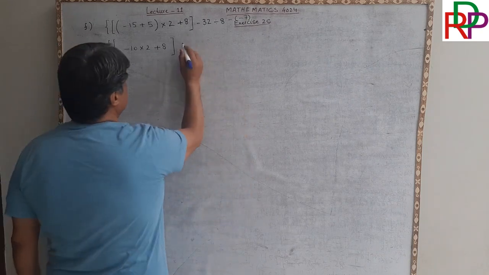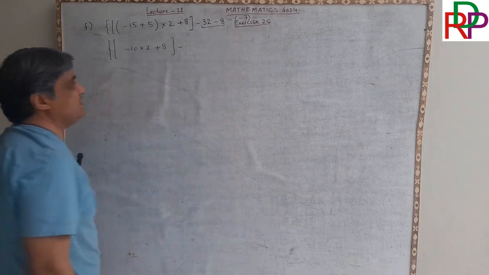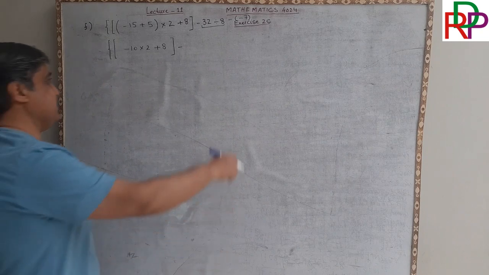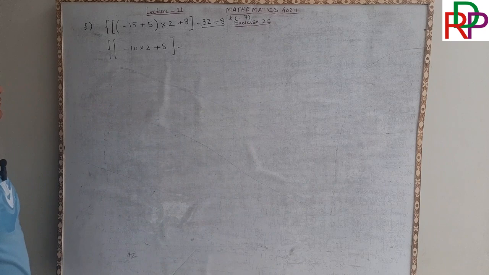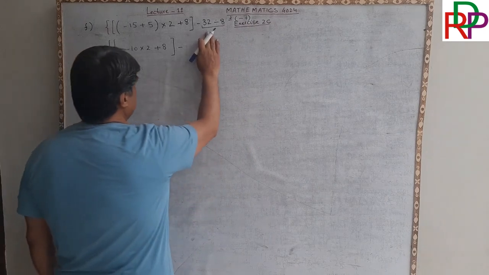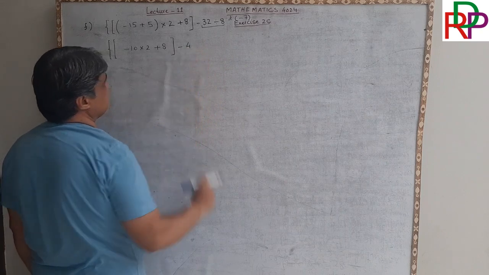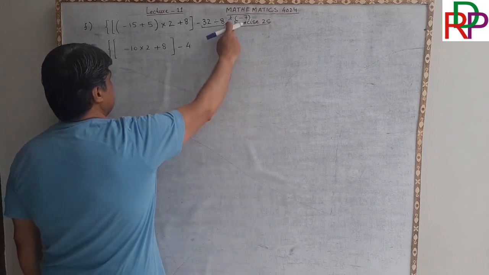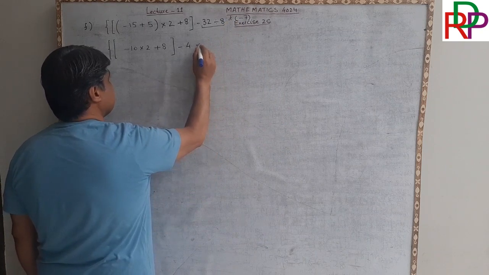Ladies and gentlemen, the priority of division is more than subtraction. So first we have to write minus 32 divided by 8, and that will be minus 4. And then this minus 4 minus with minus, plus 7.